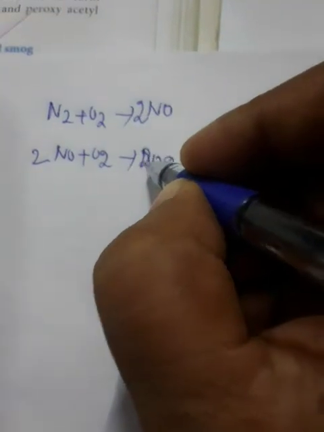So the photochemical smog is formed through the sequence of the following reactions. Nitrogen combining with oxygen forms NO. NO means nitric oxide. This NO once more combining with oxygen forms nitrogen dioxide.